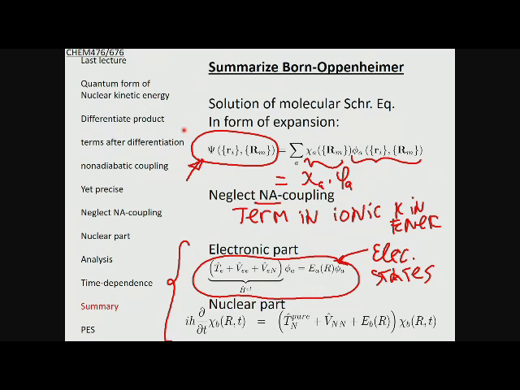In many textbooks, one skips all the equations that we did, and they write only this equation that I'm focusing on. The molecular wave function that depends on electronic and nuclear degrees of freedom is rigorously expanded as a summation of electronic wave functions with expansion coefficients as a summation over all basis states. But in the case of the Born-Oppenheimer approximation, this summation is replaced by a product, just one electronic function times one nuclear wave function.